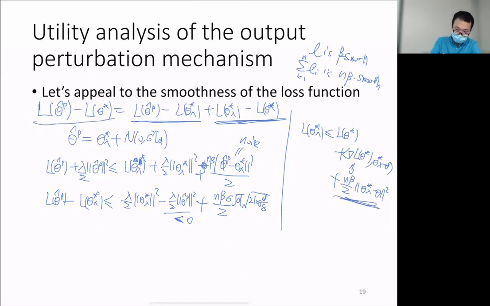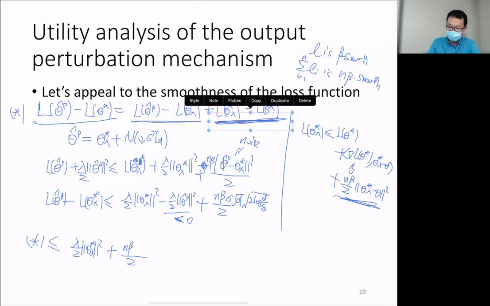So ultimately, what we want in the end is smaller than half lambda theta star square plus... Actually, we can make use of another bound to try to bound this quantity so that we'll get something that's slightly different. So this is one bound that we can get.